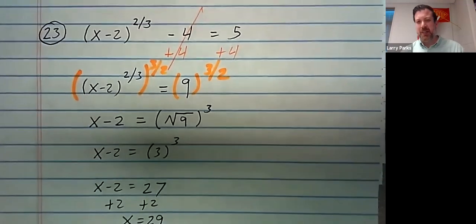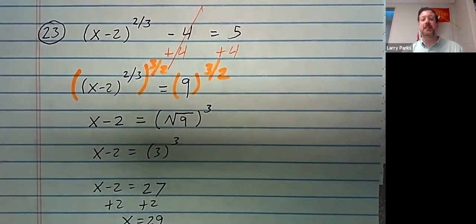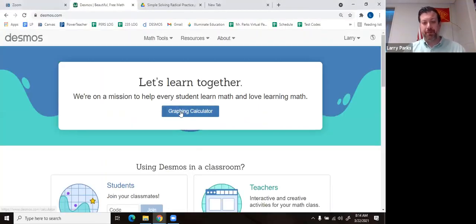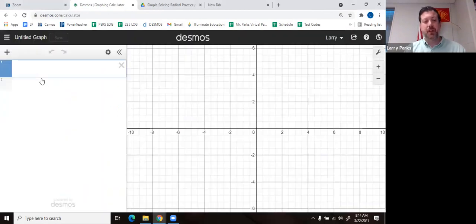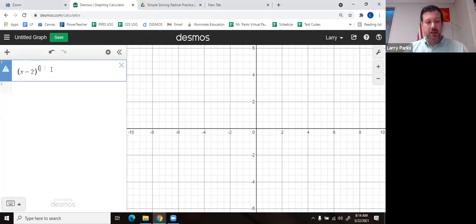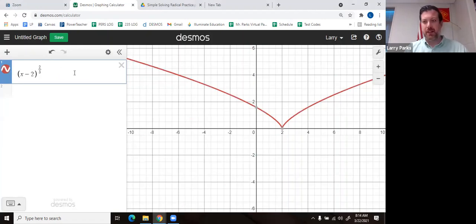Just to make sure I didn't miss one, I'm going to go out to Desmos real fast. And I'm going to type this in the left side. Weird, huh?